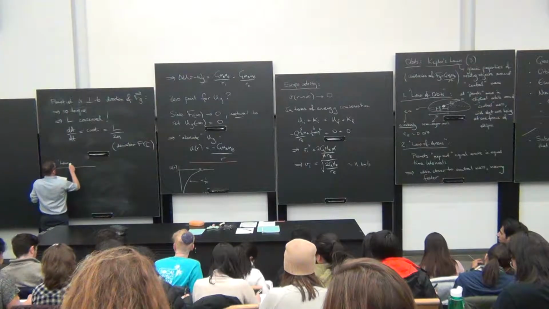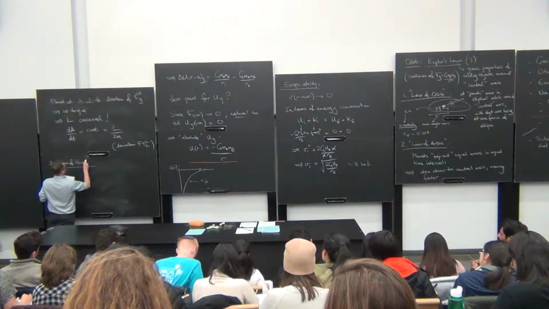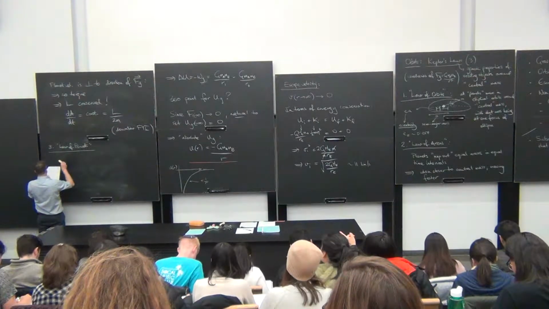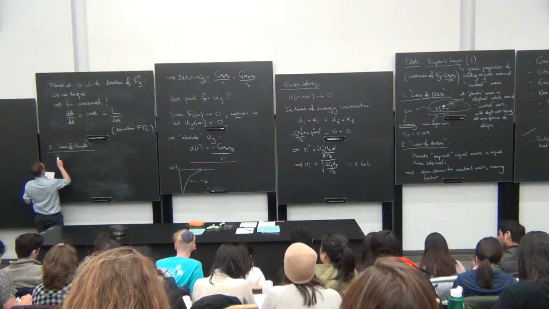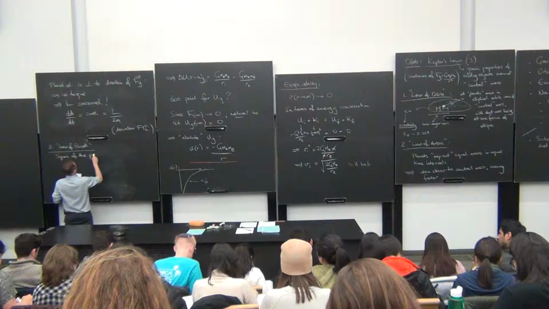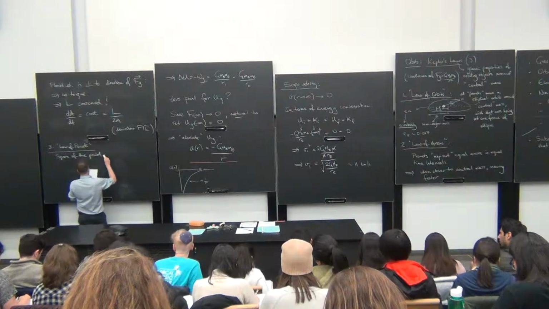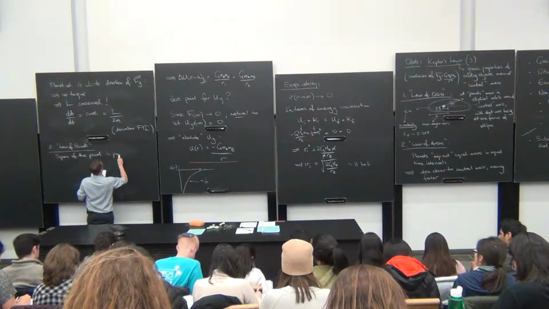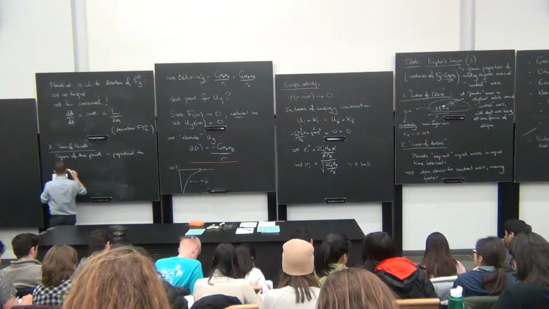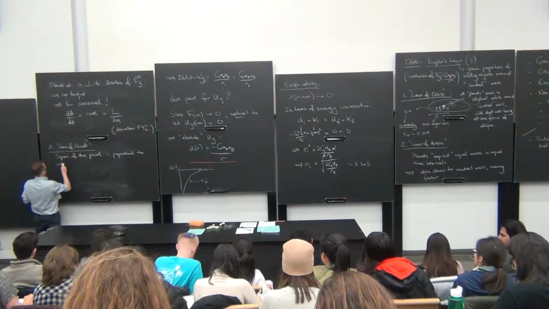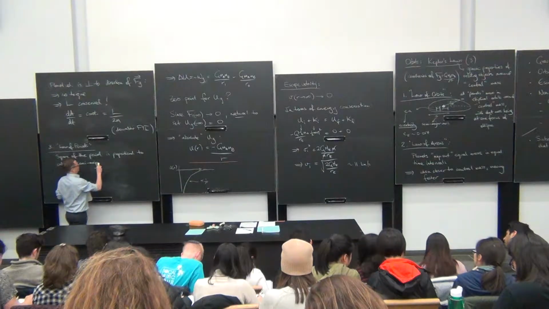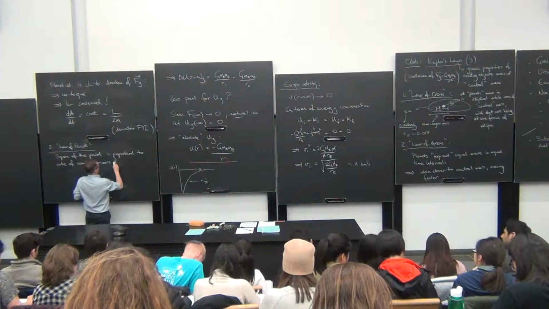So this is now the law of periods, and it's a little bit of a mouthful: the square of the period of rotation is proportional to the cube of the semi-major axis of the orbit.